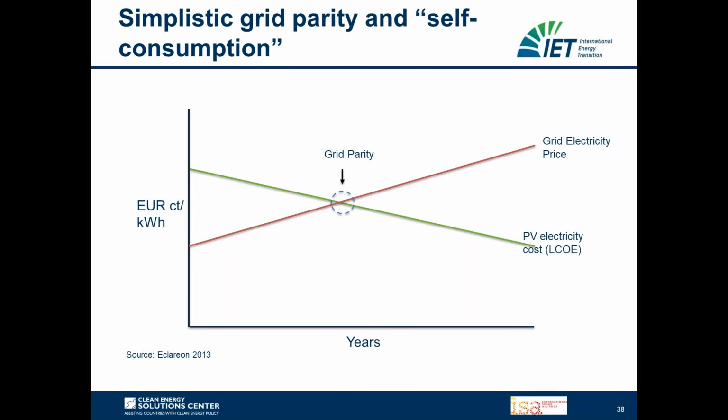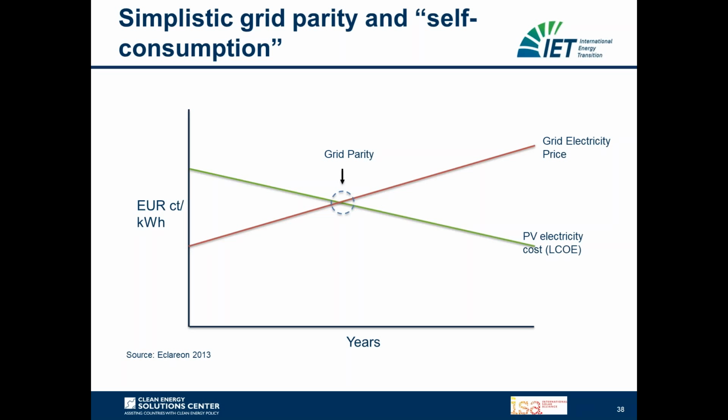So here's a basic concept you need to understand when we talk about self-consumption and net metering, and this is the concept of grid parity, meaning that the cost for generating 1 kilowatt hour of solar PV on your rooftop is the same as the price that you pay for the electricity when you purchase it via the electricity line from your utility.